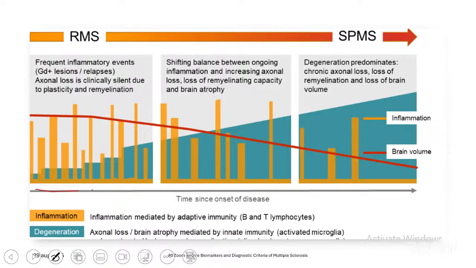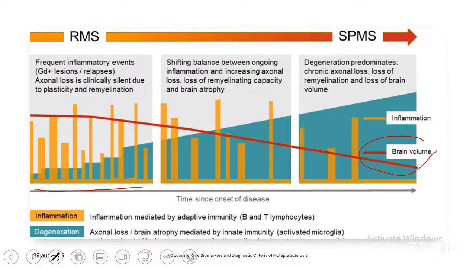We are here at that stage. The shifting balance between ongoing inflammation and increasing axonal loss, the loss of remyelinating capacity of the brain, leads to brain atrophy, and subsequently, both the inflammation and degeneration take their toll on the brain, and the chronic axonal loss, loss of remyelination, loss of brain volume, finally brain atrophy.